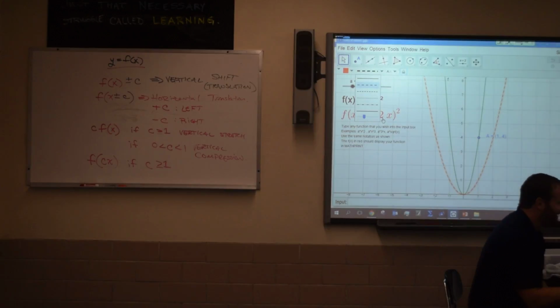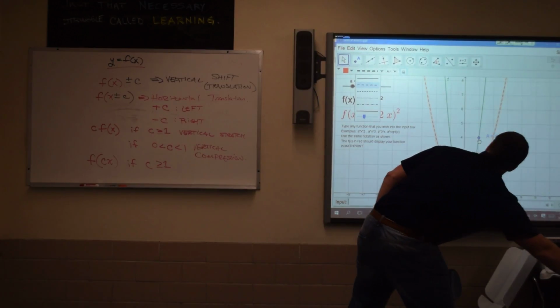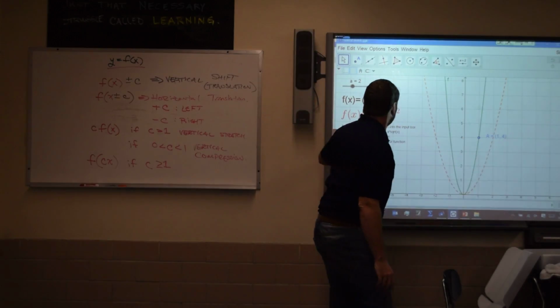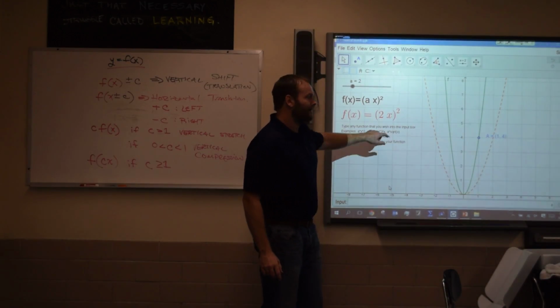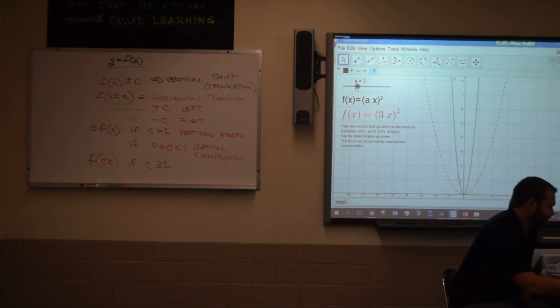But what's happening here is really that point right there, because it was 2, 4, right? That point right there, the X value just got cut in half. Does that kind of make sense? And the cutting in half comes from the fact that we were using a 2 there. If I change that to a 3, see if I get that point.